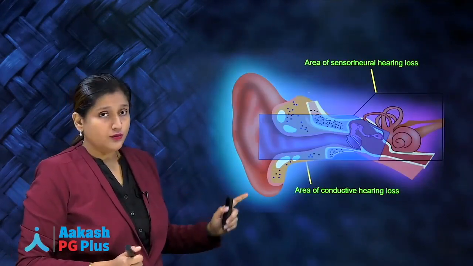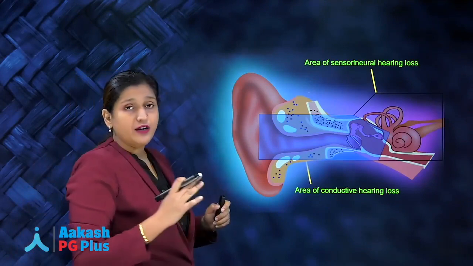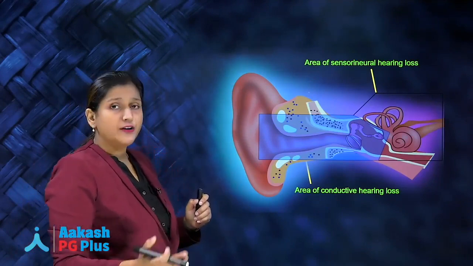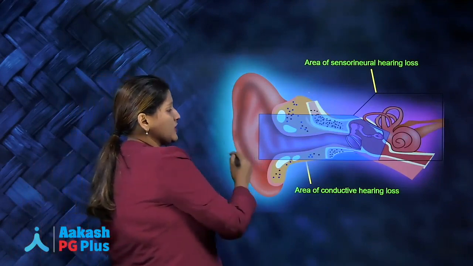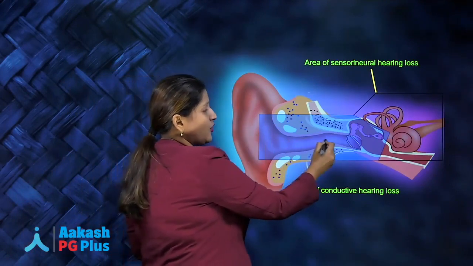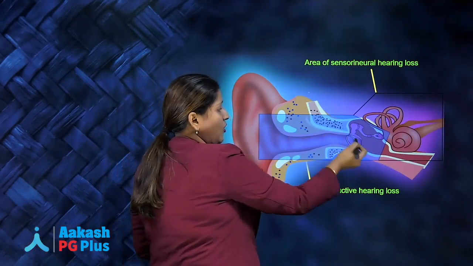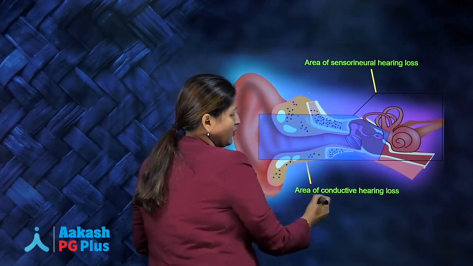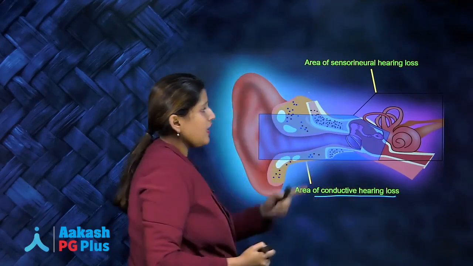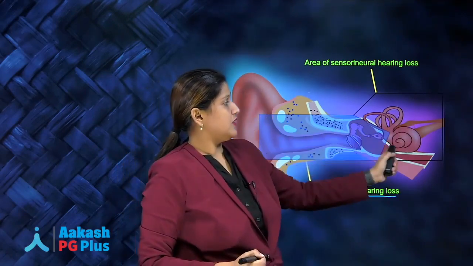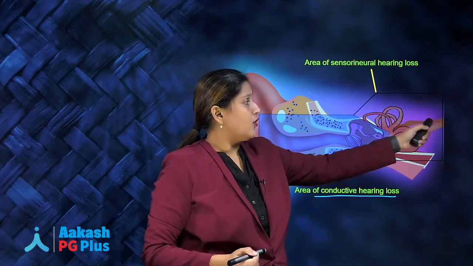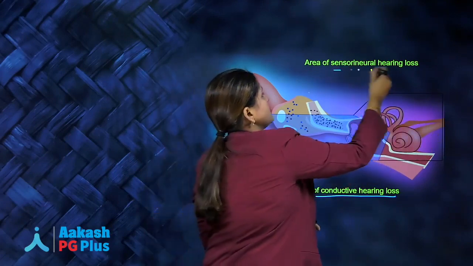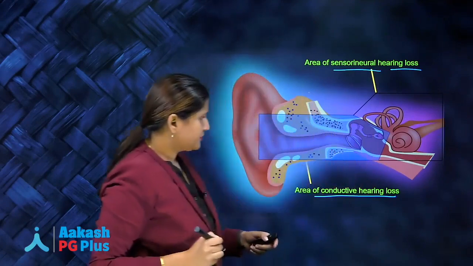You must know, to easily differentiate between conductive hearing loss and sensory neural hearing loss, any losses that are present because of the external auditory canal, pinna or the middle ear lead to conductive hearing loss, and the causes that are because of the inner ear, cochlea or the nerve cause the sensory neural hearing loss.